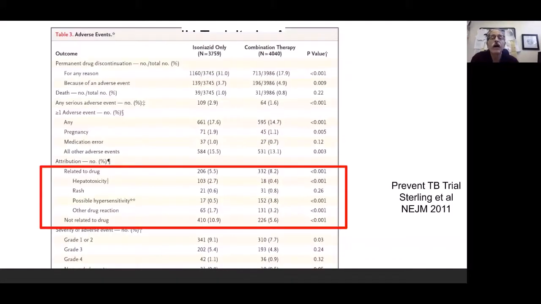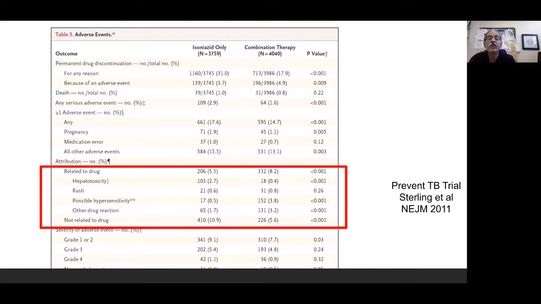Now, how does this stack up with some of the recent studies? This is the large PREVENT TB trial comparing 9 months of isoniazid versus 12 weeks of isoniazid and rifapentine weekly. And you can see, just looking in the red box here at hepatotoxicity, the incidence of hepatotoxicity as an adverse event, not as a drug reaction, because this is a clinical study, was about 2.7% overall, but it doesn't tell you what the severity was.